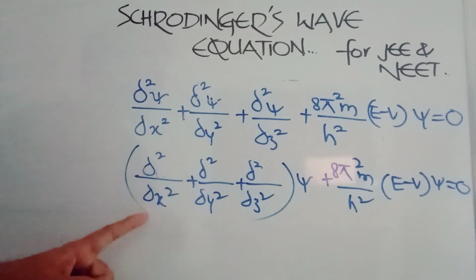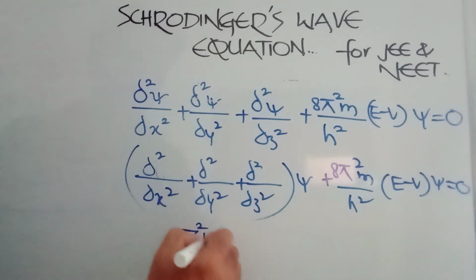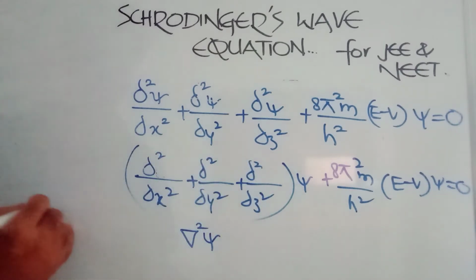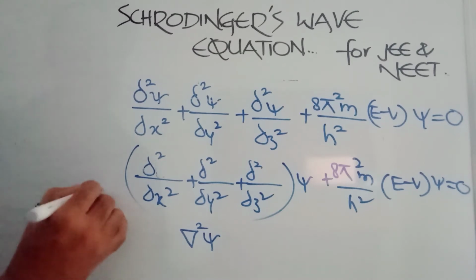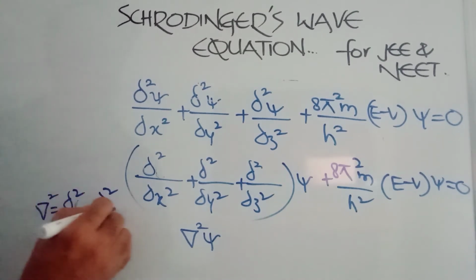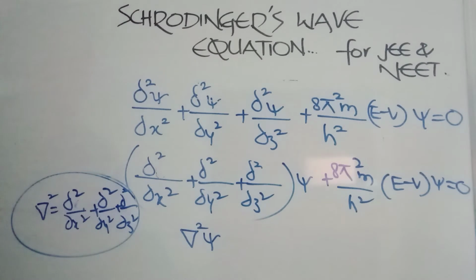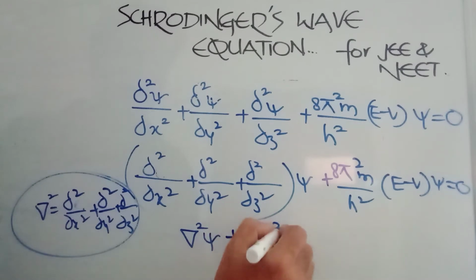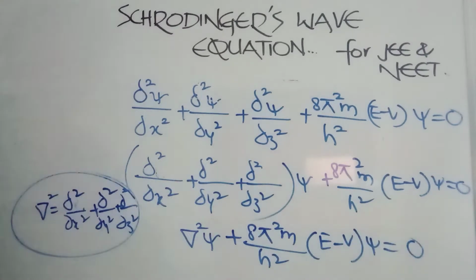In place of ∂²/∂x² + ∂²/∂y² + ∂²/∂z², we can write del squared, also called nabla squared. Del squared means ∂²/∂x² + ∂²/∂y² + ∂²/∂z², with psi not included. So it becomes ∇²ψ + (8π²m/h²)(E − V)ψ = 0.